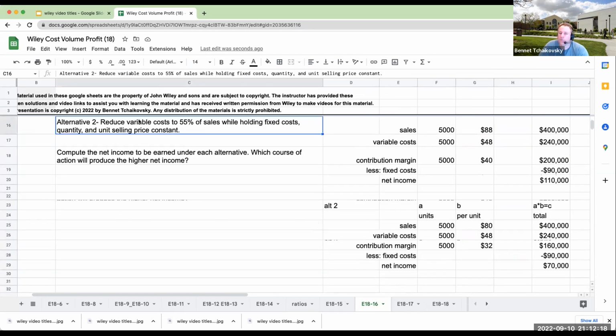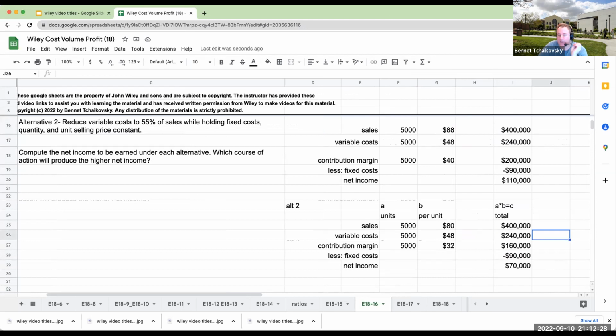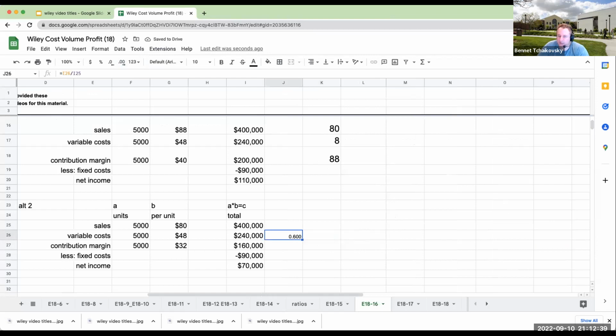Okay, reduce variable cost to 55% of sales while holding fixed cost, quantity, and unit selling price constant. Right now my variable costs are at approximately 60%. In order for these to be 55% of sales, this is going to have to be 400 times 0.55, or 220,000.